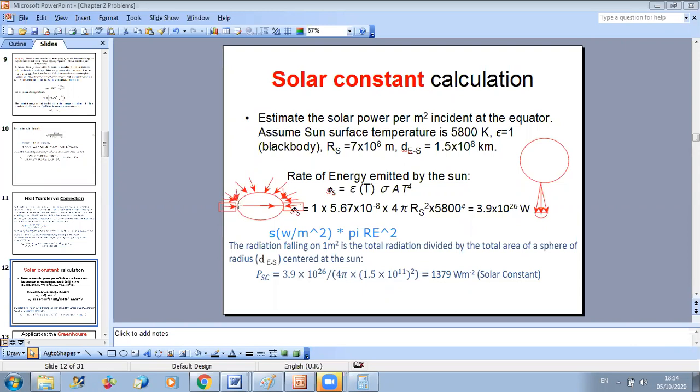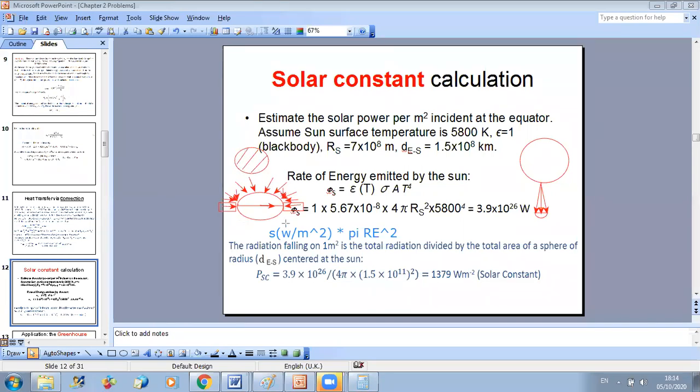If I draw it here, if you look from the top, at the equator level you will see a circle, and this circle has a radius equal to RE. So the cross-sectional area on which we have the solar flux hitting is equal to pi times radius of the Earth square. This is why we consider that this is the area that will absorb this flux.